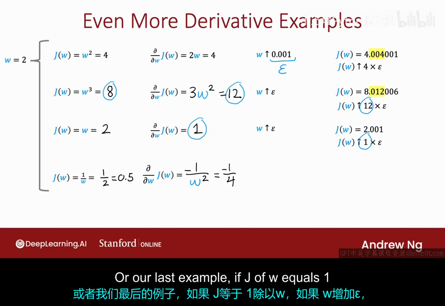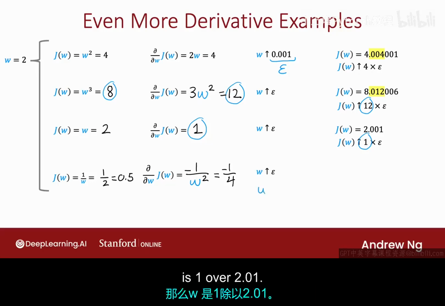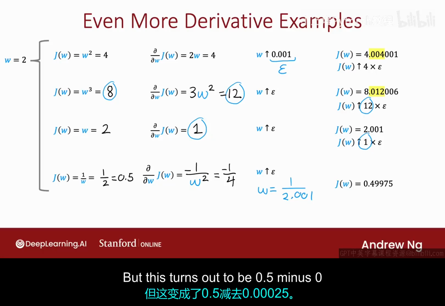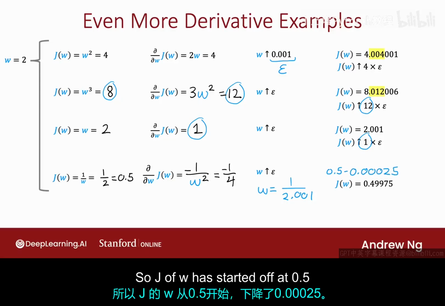Or our last example, if j of w equals 1 over w, if w goes up by epsilon, then w is 2.001, and j of w is 1 over 2.001. Then it turns out j of w is approximately 0.49975 with some extra digits that are truncated. But this turns out to be 0.5 minus 0.00025. So j of w has started off at 0.5 and it's gone down by 0.00025.